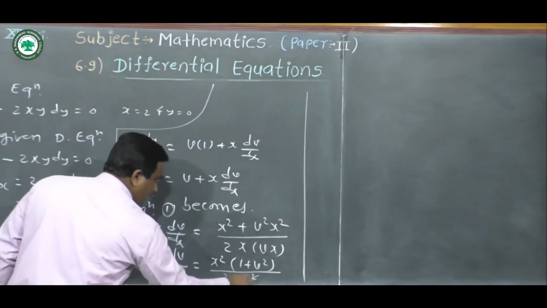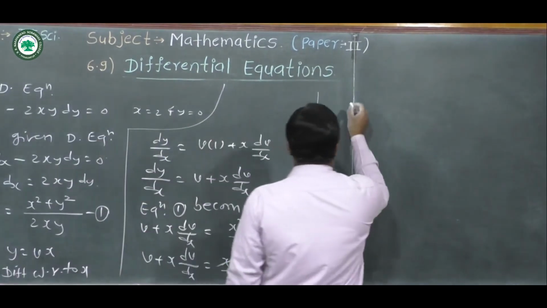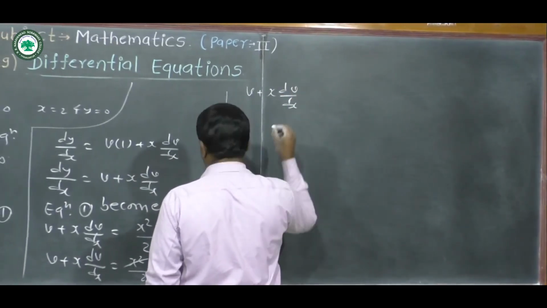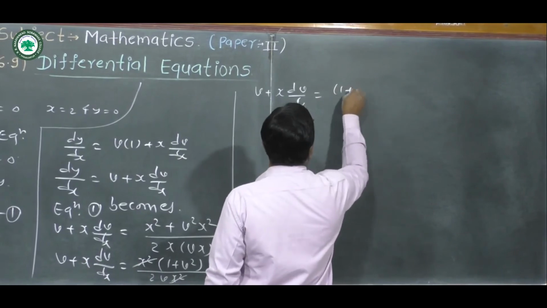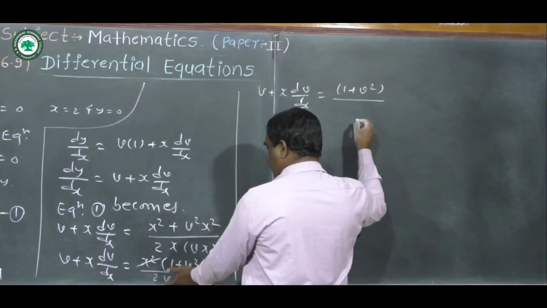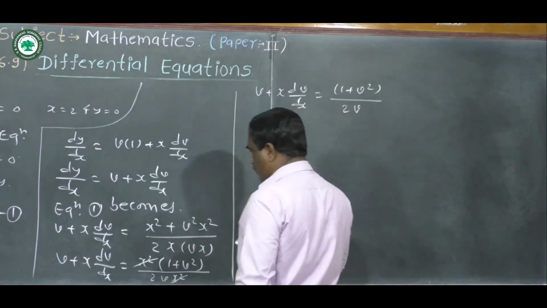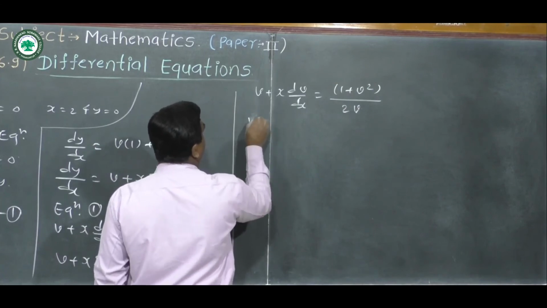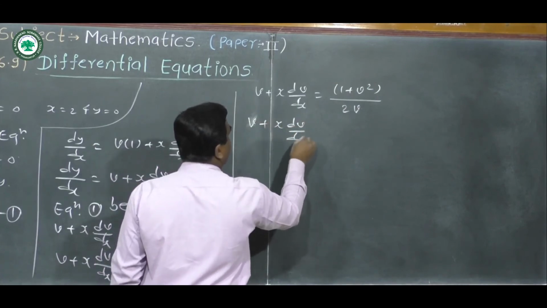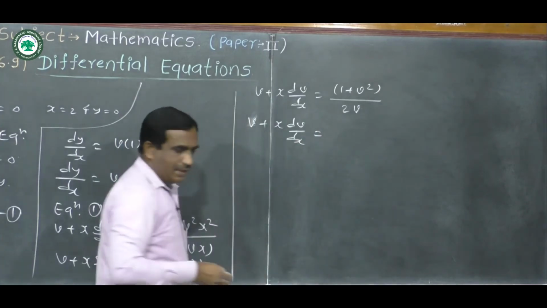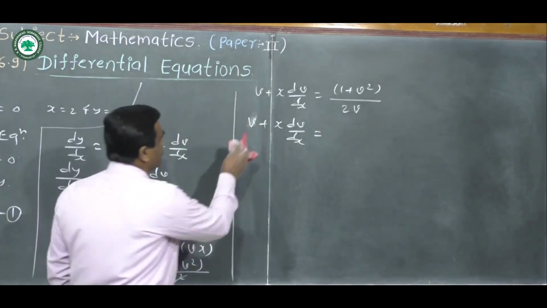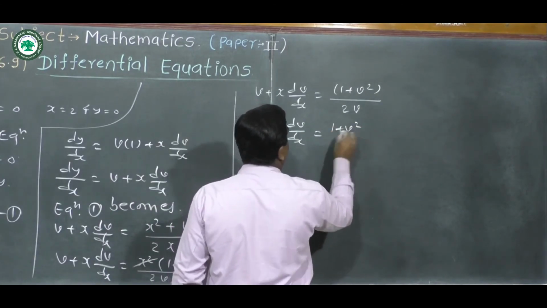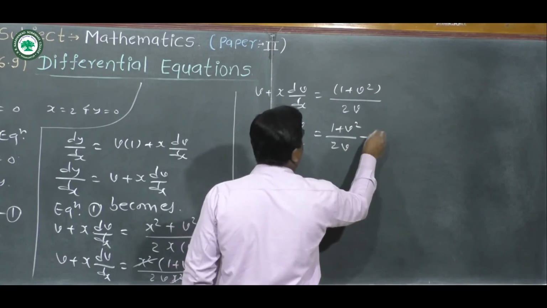Now this x square cancels out, remains only v plus x into dv by dx is equal to 1 plus v square upon 2v. That is, v plus x into dv by dx equal to, we can take v to the other side here, x into dv by dx equal to 1 plus v square upon 2v minus v.